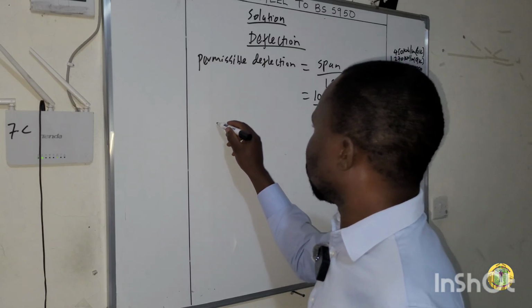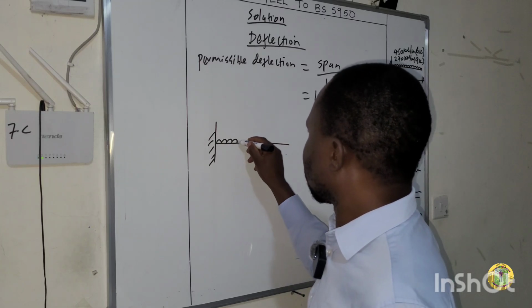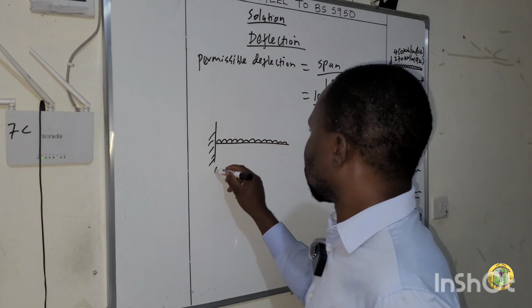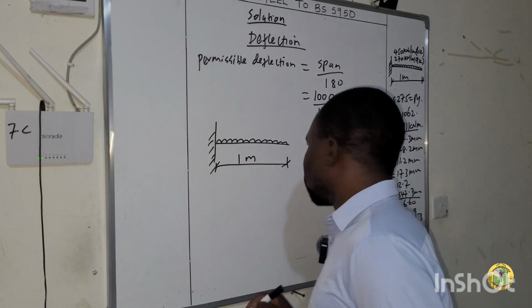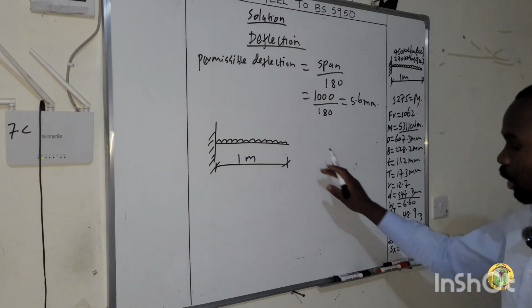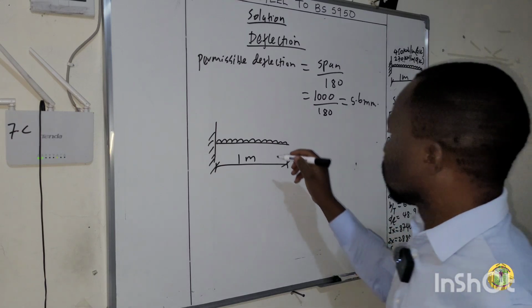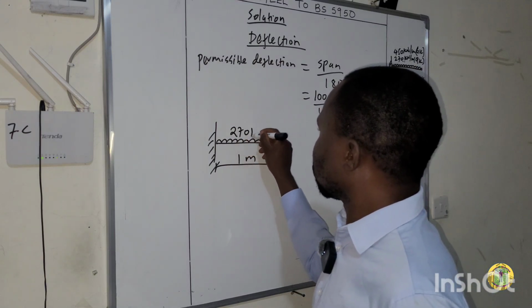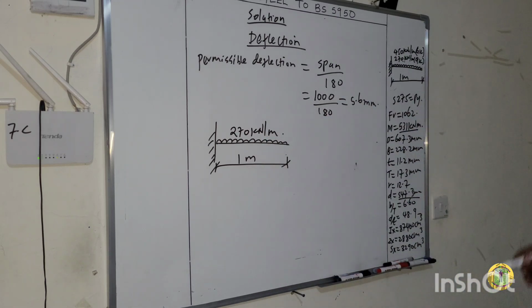And the induced deflection, so this is 1 meter. Remember we said to calculate the induced deflection, we only used the imposed load, which is 270. So this is 270 kilonewton per meter. So don't use the GK, only use the imposed load when it comes to induced deflection.